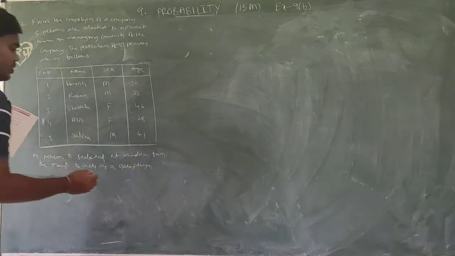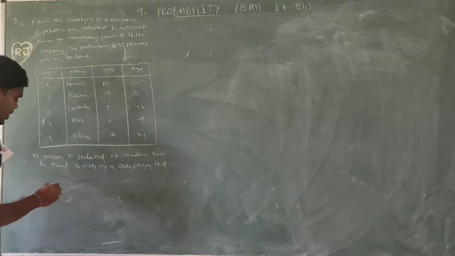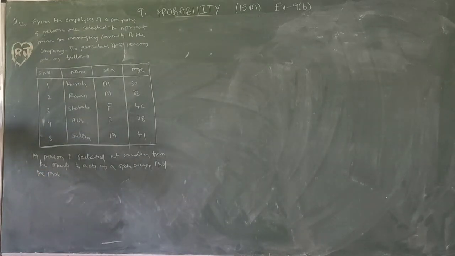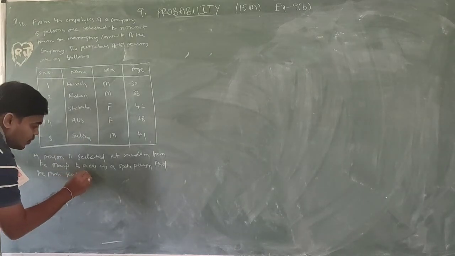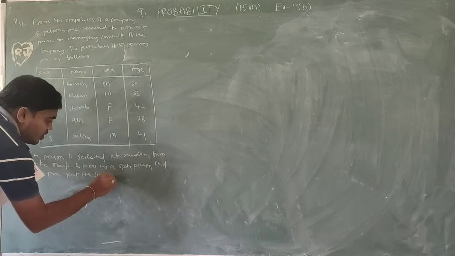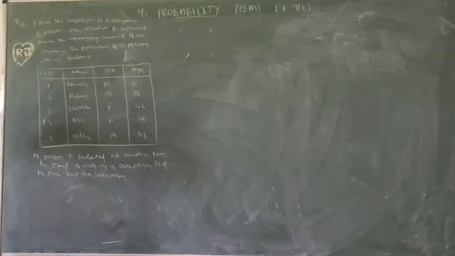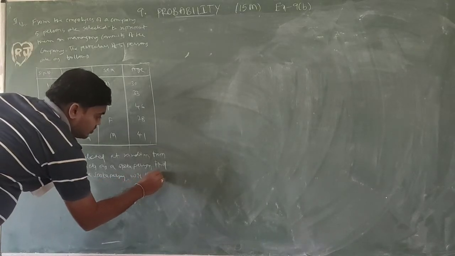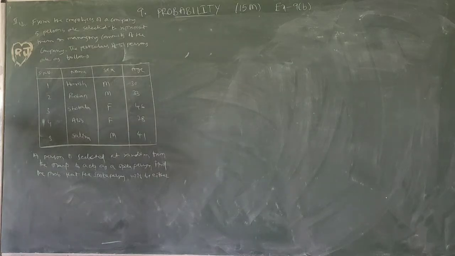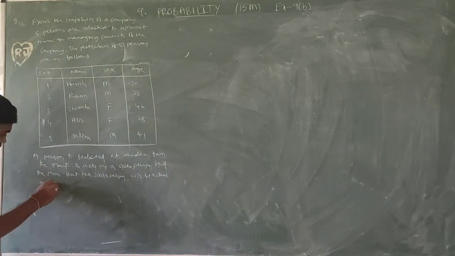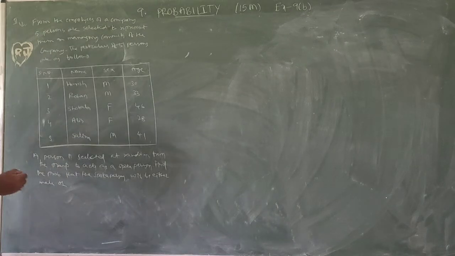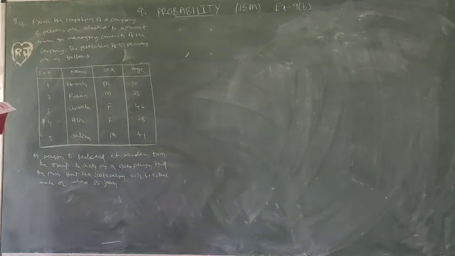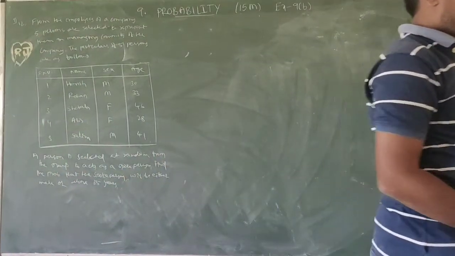Find the probability that the spokesperson will be either male or above 35 years. So either the person is male or age greater than 35 years.